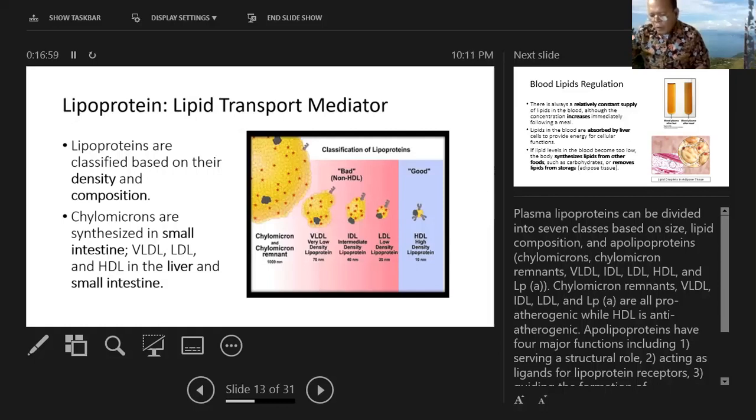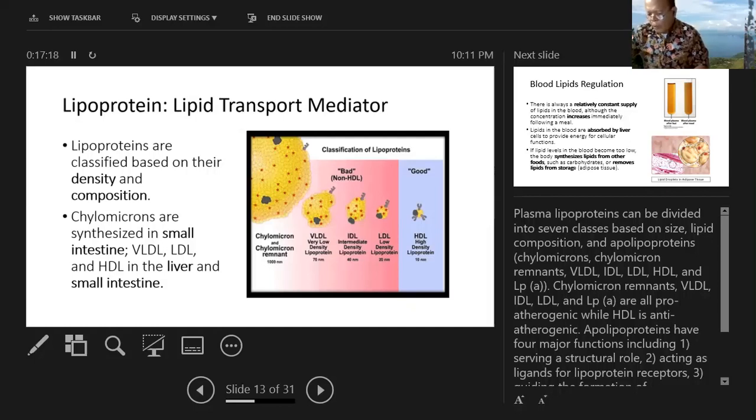Chylomicron, VLDL, IDL, LDL, and Lp(a) are all pro-atherogenic, while HDL is anti-atherogenic.